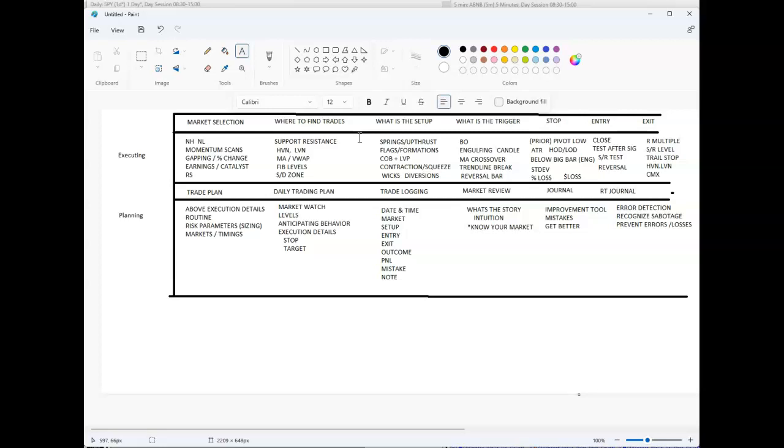And the FOMO is also constantly in play. So the multiple fears are constantly in play. If you don't have all of this written out, you cannot overcome those fears.